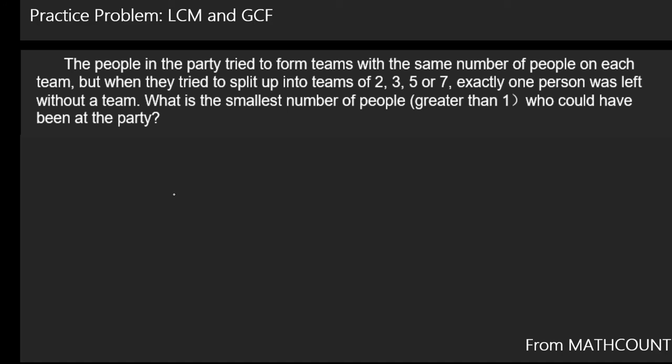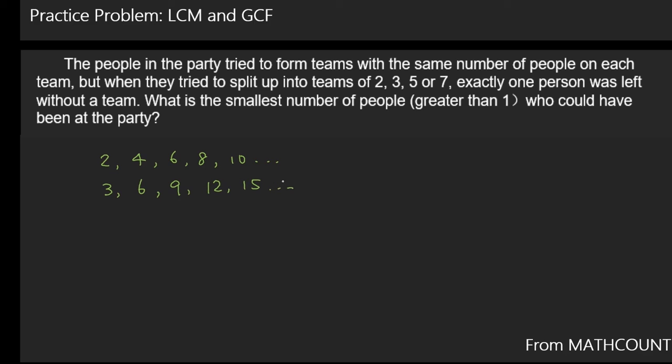So if we split up the teams into 2 people per team, for one team we have 2 people, 2 teams, we have 4 people, and so on. Now, if we split up the team into 3 people per team, then for one team, we have 3 people, 2 teams, 6 people, 9, 12, 15, and so on.